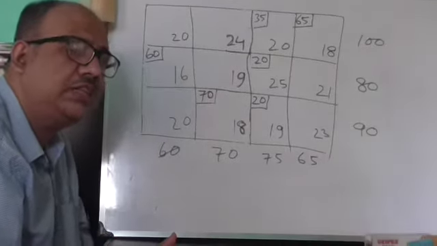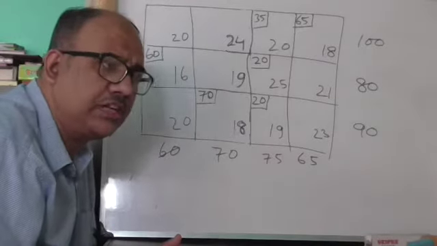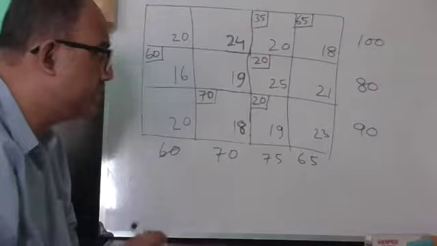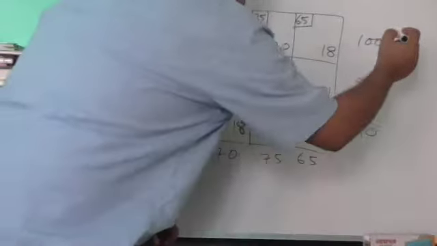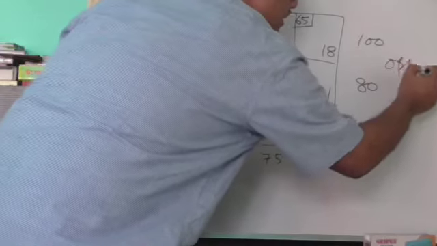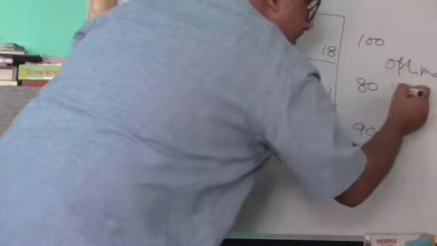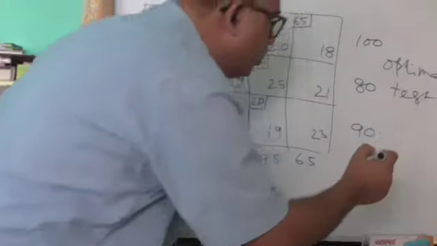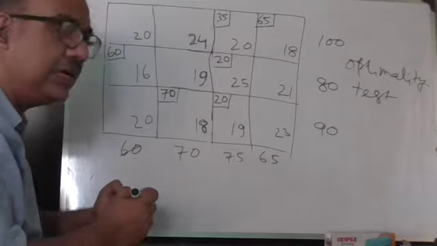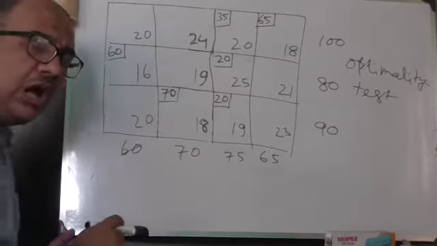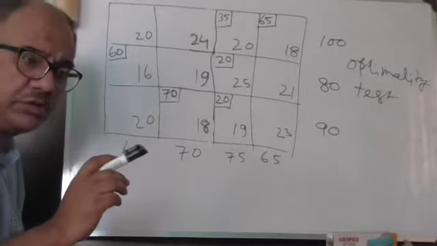Then the third step of the solution of the transportation problem is the optimality test. The third step is the next step, that will be termed as optimality test. So the third step is the most important step in the transportation problem, because our objective is to find the minimization of transportation cost.